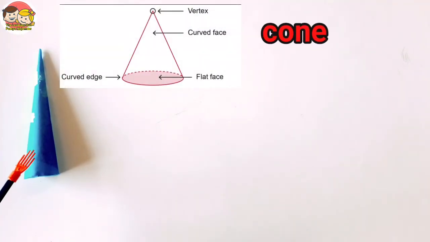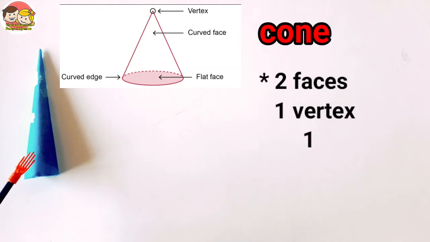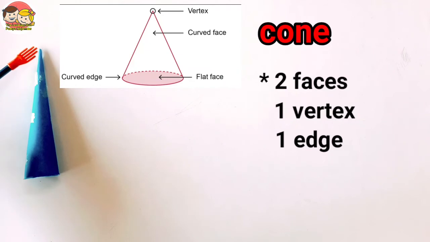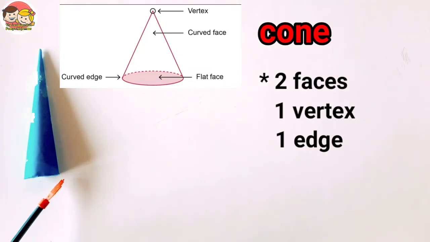This is a cone. It has 2 faces, 1 and 2. One face is plane and one curved. It has 1 vertex and 1 circular edge.